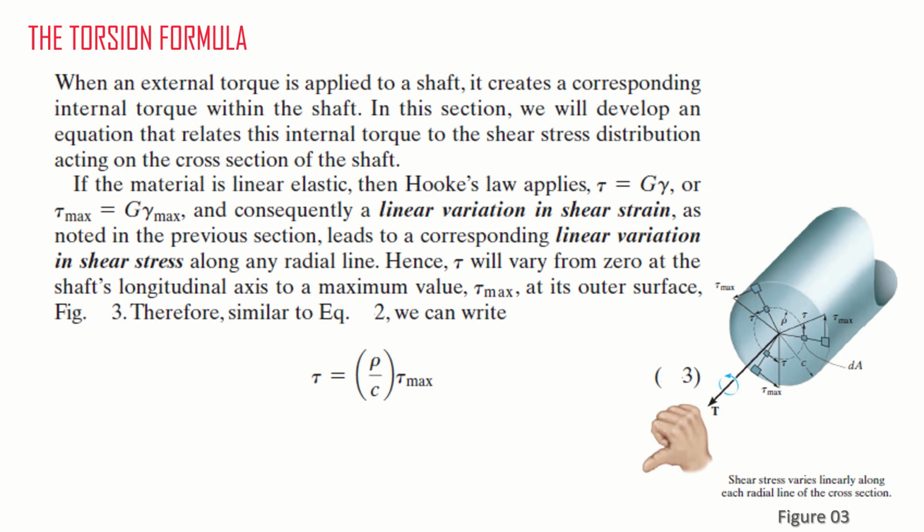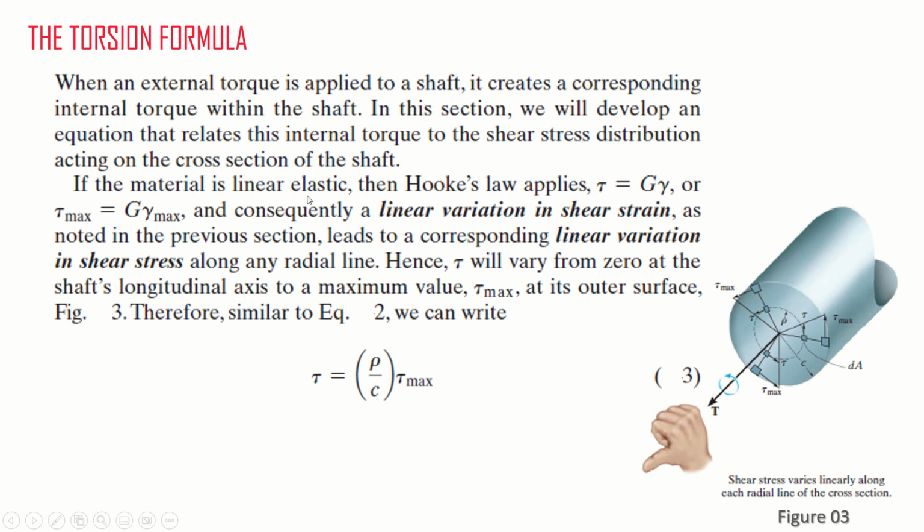As you know from the action and reaction equation, and also the pressure and stress relation, in the same way, if you apply some torque, then there will be some resistive torque. In this section we will develop an equation that relates this internal torque to the shear stress distribution acting on the cross section of the shaft.